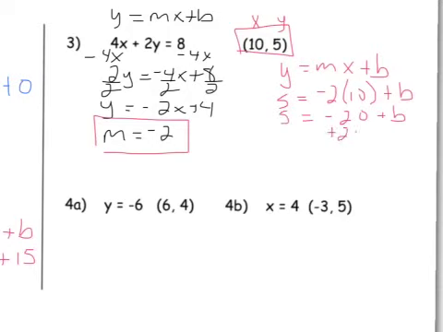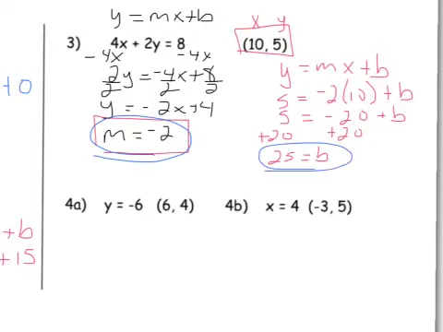And we will add 20 to both sides. We find that b is equal to 25. So now we're going to use the same slope for it to be parallel, and the new y-intercept to write our new equation of the line. So y equals negative 2x plus 25. So this equation has the same slope as this equation here. So they are parallel.